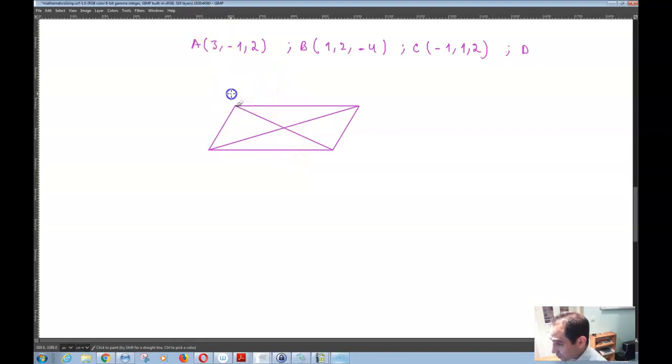Meaning that, for example, if I call this ABCD, this point over here, if I call it O, basically O is going to be the midpoint of D and B, and it's going to be the midpoint of A and C.